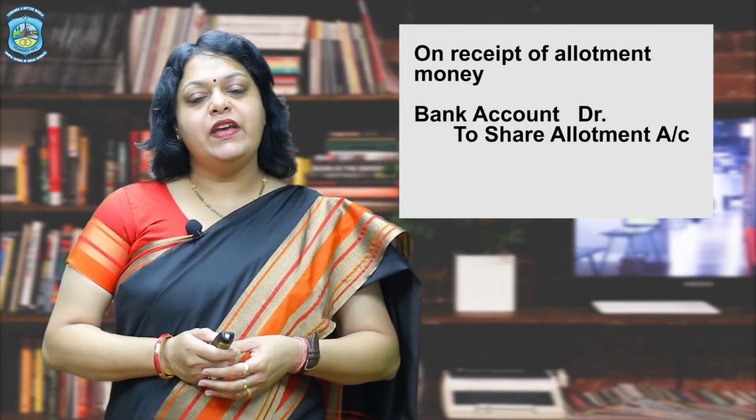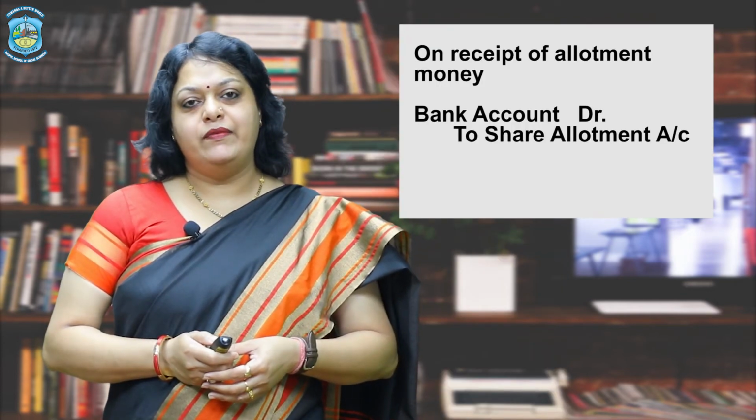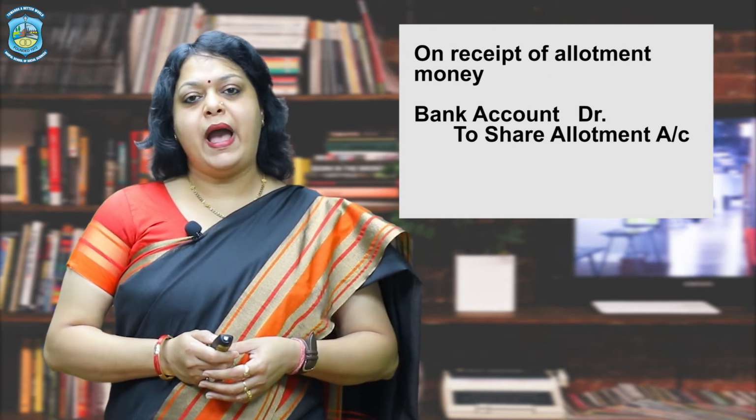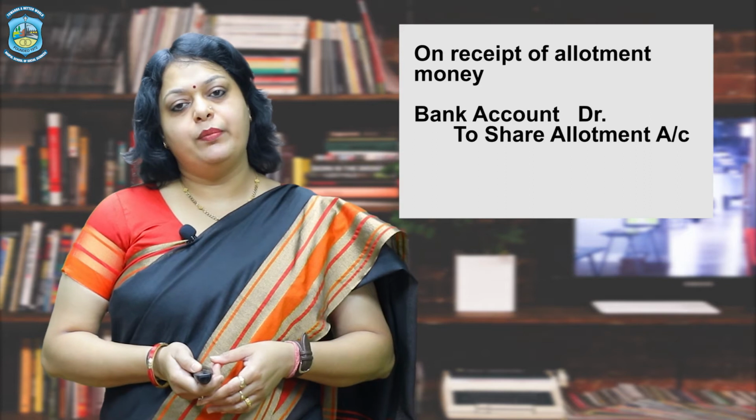We have to show this amount on the liability side under reserves and surplus, as a securities premium reserve, because this is a kind of reserve. Then for receiving the allotment money, we have the same entry as before: bank account debit to share allotment account.